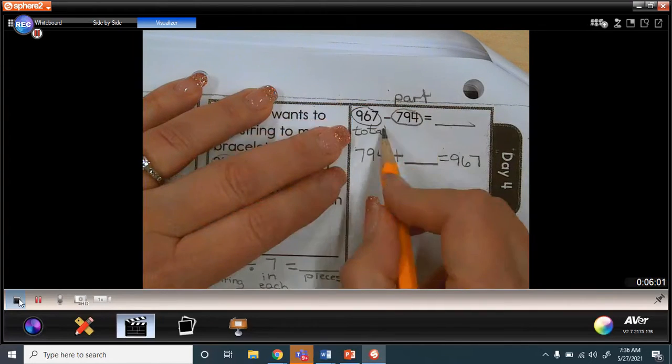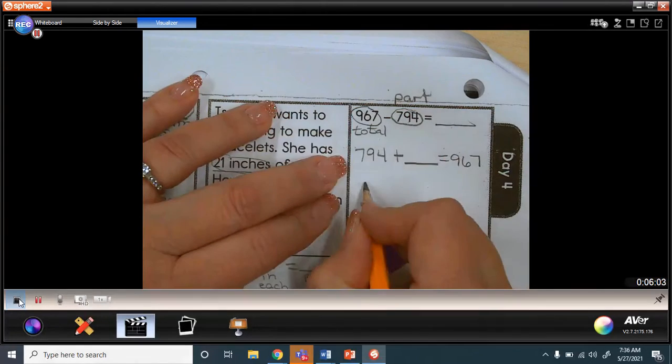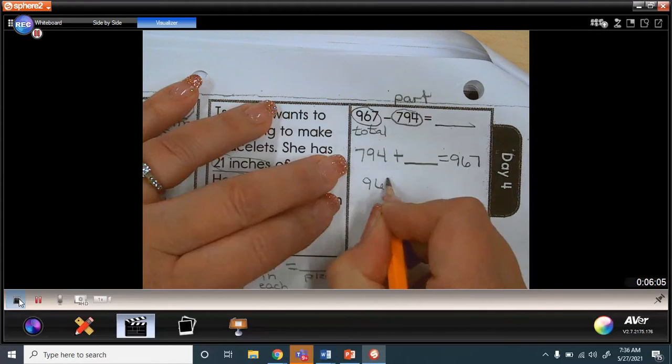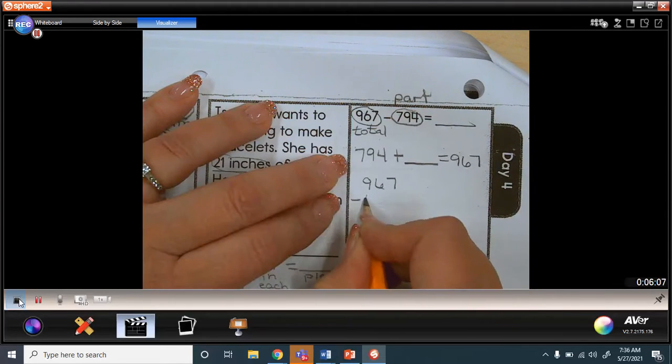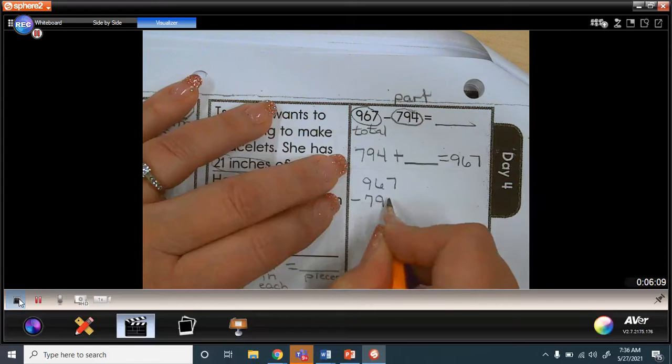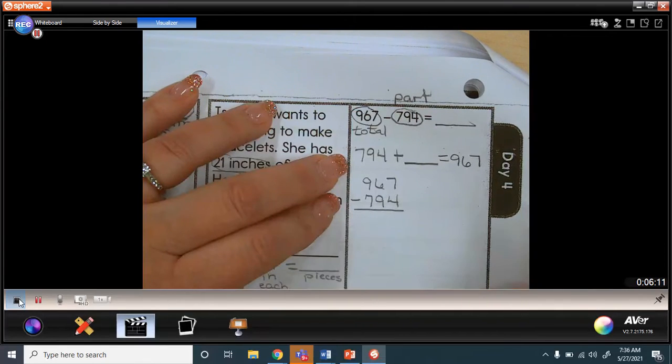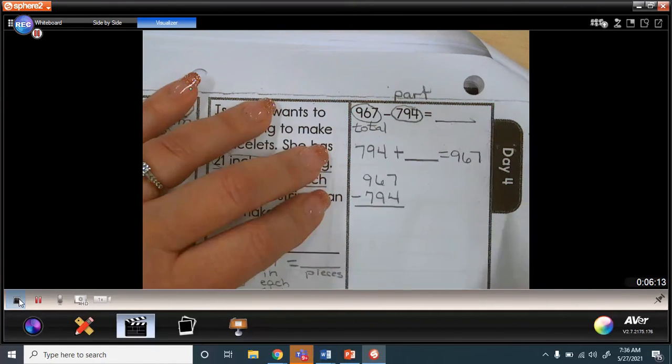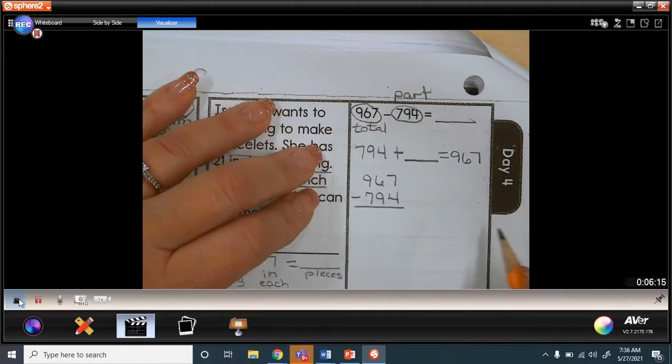So we're going to use our subtraction, and I'm going to first use my algorithm. So I'm going to go ahead and line up my place values at this point in time. And I'm going to start in my ones place, and the reason we start in our ones place is just in case we need to borrow or regroup.